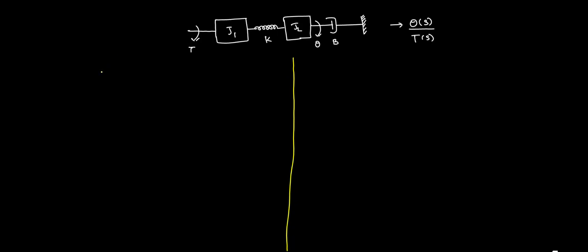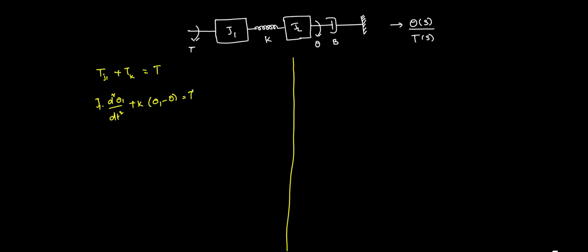Firstly, the torque experienced by J1 plus the torque given to the spring, because the spring is connected between J1 and J2, is equal to the total applied torque. So I am writing J1 d square theta 1 by dt square plus K into theta 1 minus theta is equal to T.